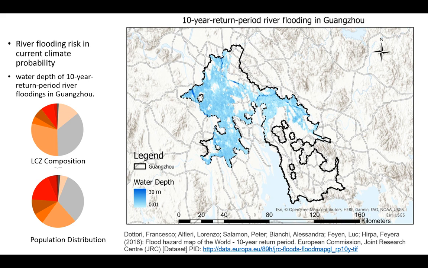When we look at only the flooded area, only a small portion of this area is compact LCD, but this part of the urban infrastructure accommodates a huge part of the population, which means the proximity of compact LCD to the river could lead to a huge exposure of the urban population.